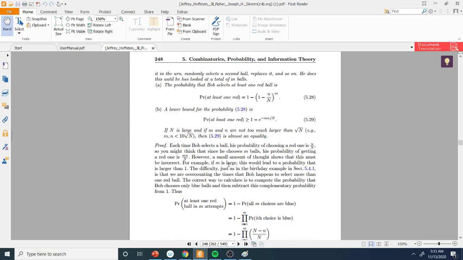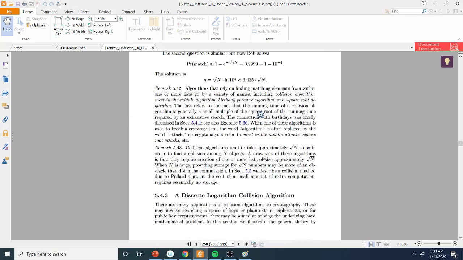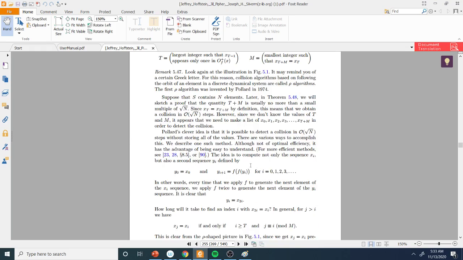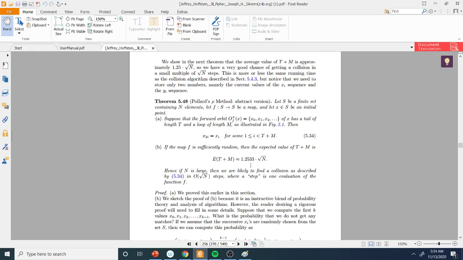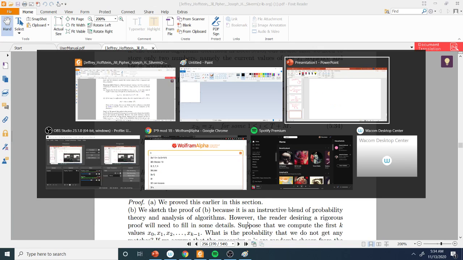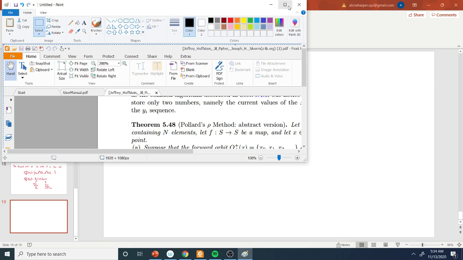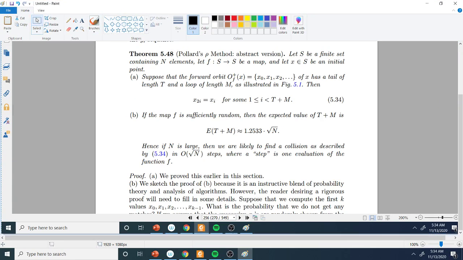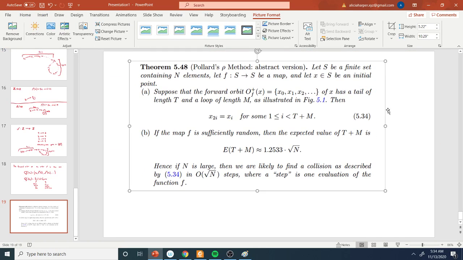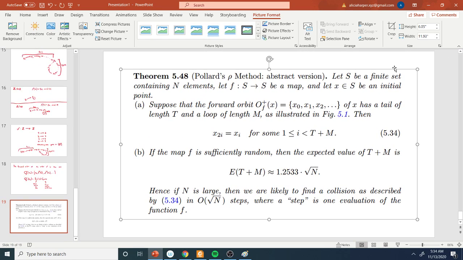So let me find the statement, just so I don't have to write it out by hand. So S here is a finite set, and it contains n elements, and f is a function as before.